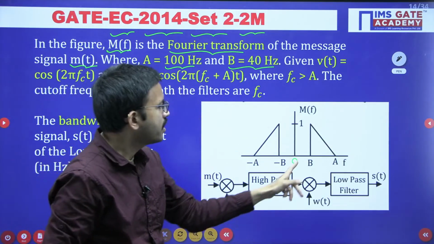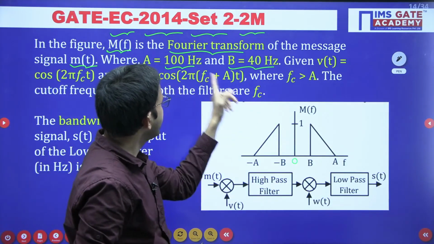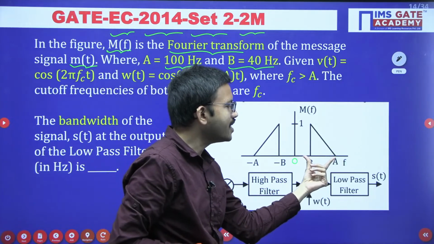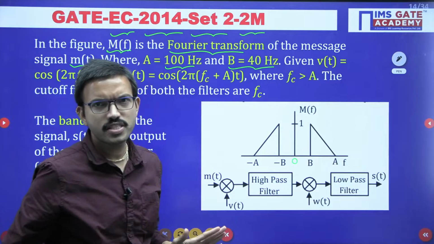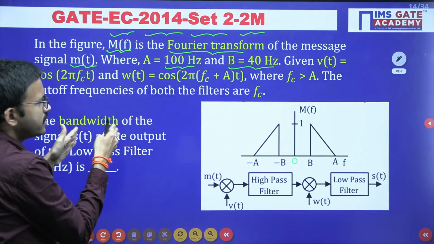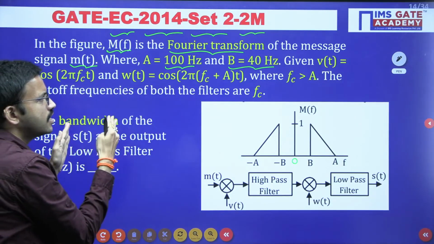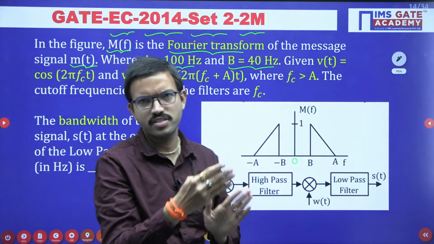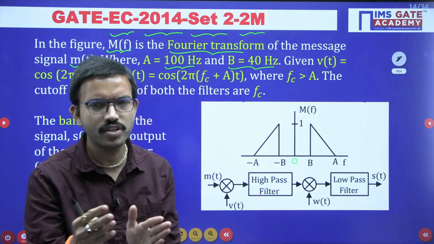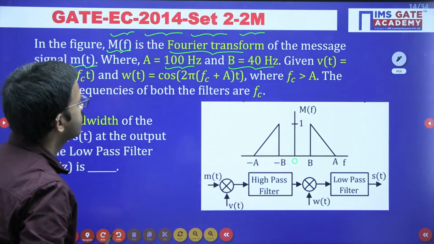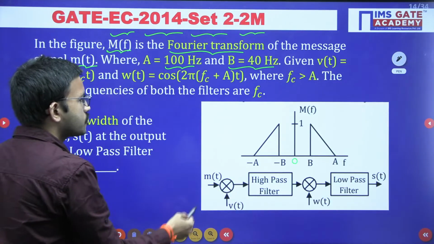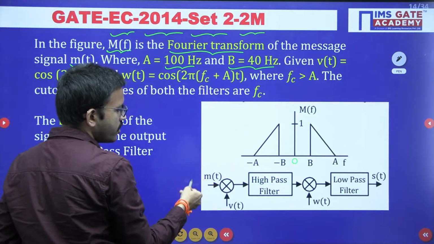Yes or no? Here B is the 40 Hz and A is the 100 Hz. So from 40 Hz to 100 Hz, all the frequencies we are allowing. So in this particular question regarding the modulating signal, we are operating the range of frequencies. Instead of only at finite frequencies, we are operating some band of frequencies. Right, fine. Now, so that m of t we have given here.